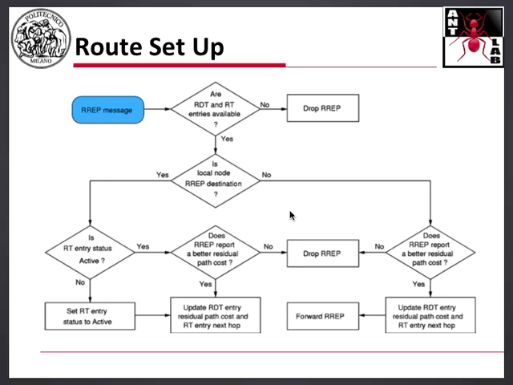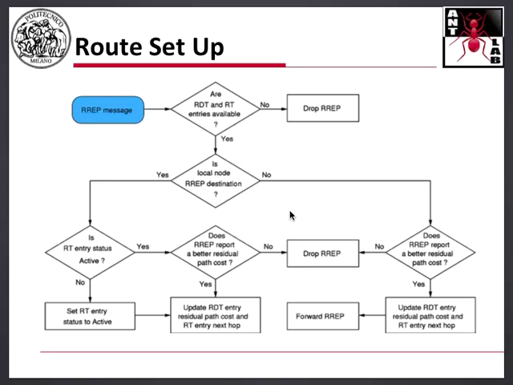If the answer is yes, it means the route reply comes from a path which has lower cost than what's stored up to this moment.